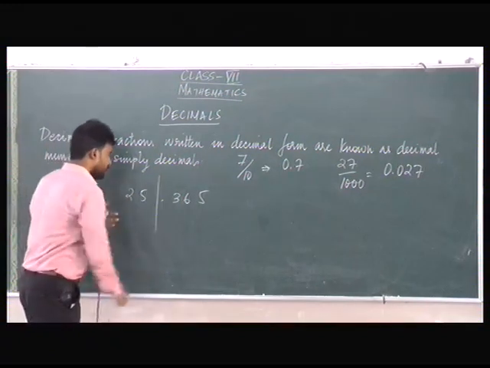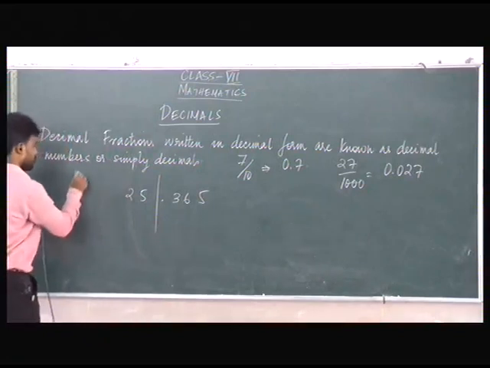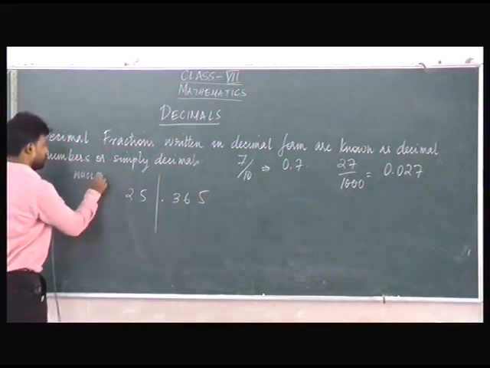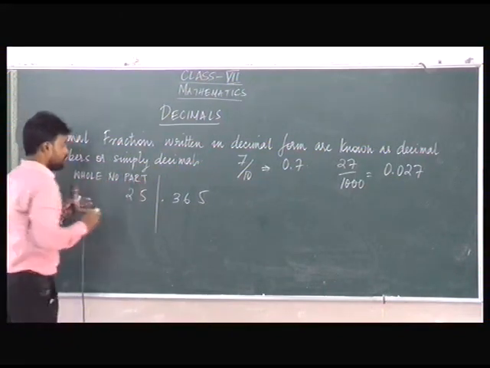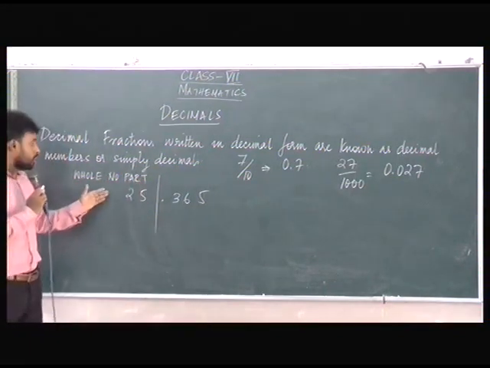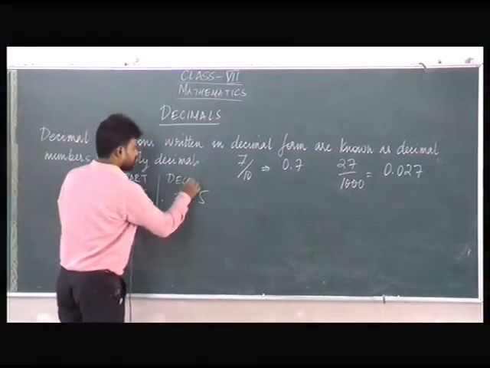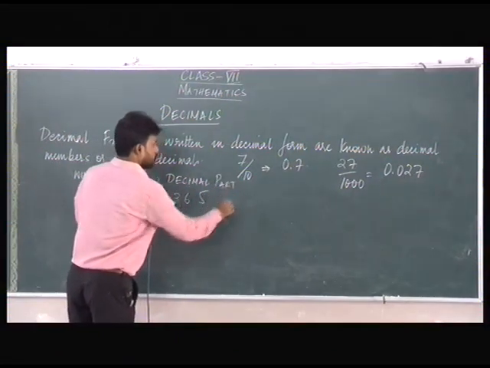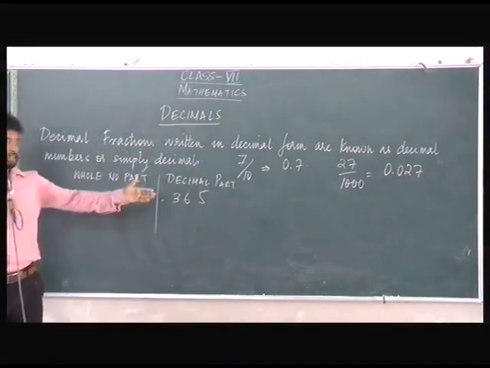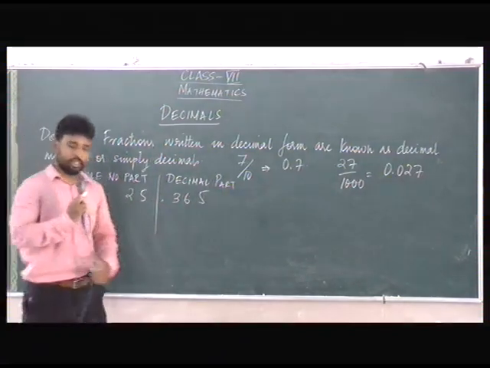So let's draw a line here. The part which is before the decimal is called the whole number part, and the part which is after the decimal is called the decimal part. So these are the two parts of decimal numbers.